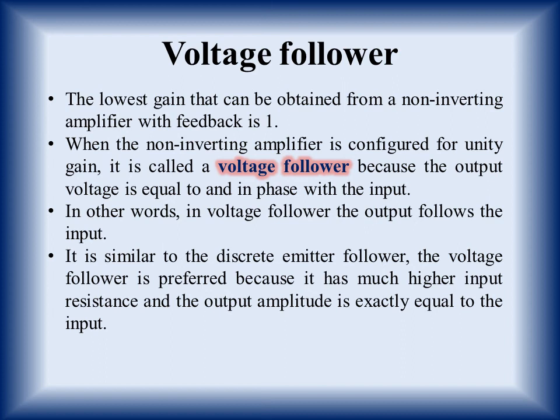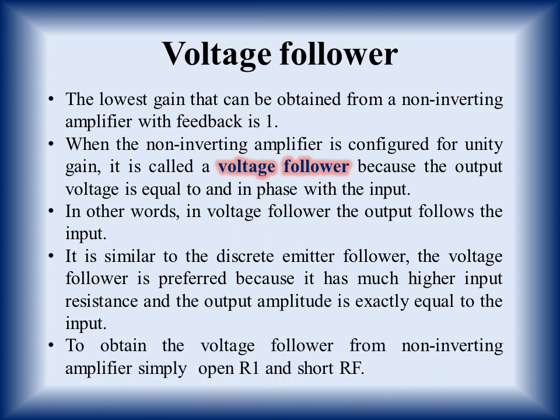The voltage follower is preferred because it has higher input resistance and the output amplitude is exactly equal to the input. This voltage follower is preferred in many circuits because it has high input impedance and it tries to isolate the input stage from the output stage, and it exactly reproduces the input signal at the output.